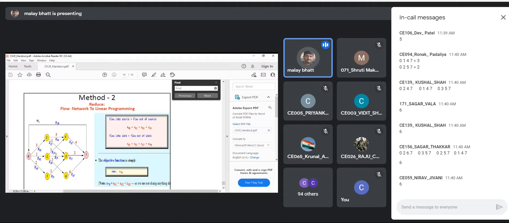Similarly for the sink node, x47 plus x57 plus x67 equals x70. So it is one more flow conservation we have to write, for the source node and the sink node. And the objective function is we want to maximize x70. Is this clear? If you use this additional path, then these 3 lines will be added. This is another way to solve this problem.